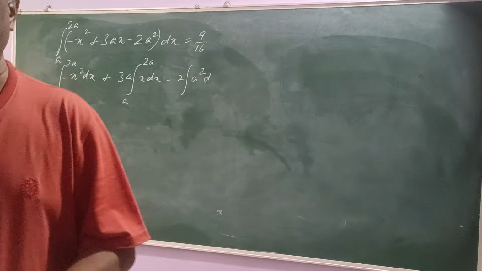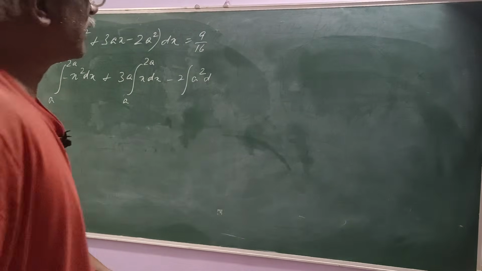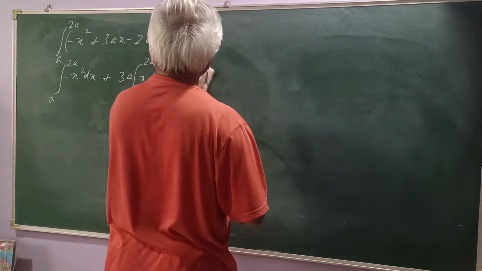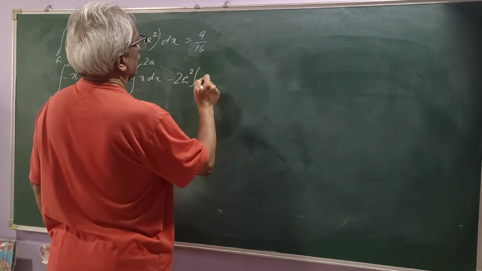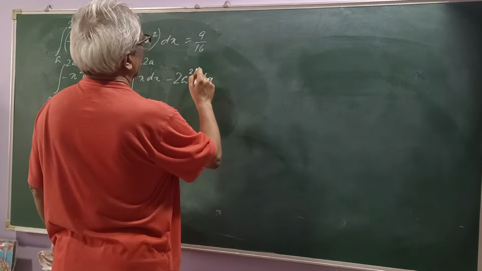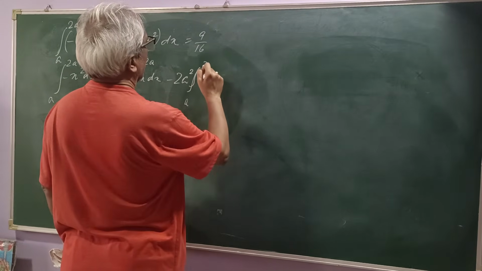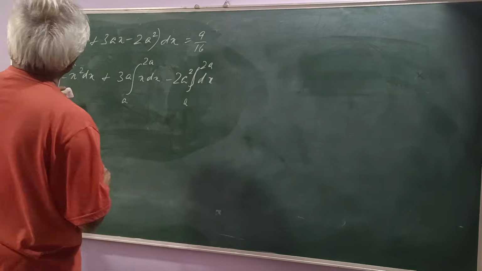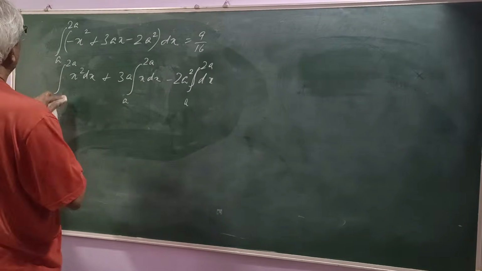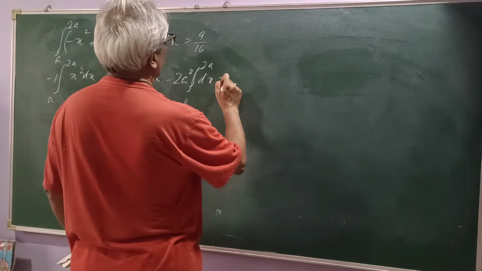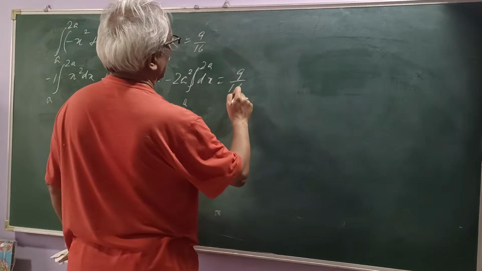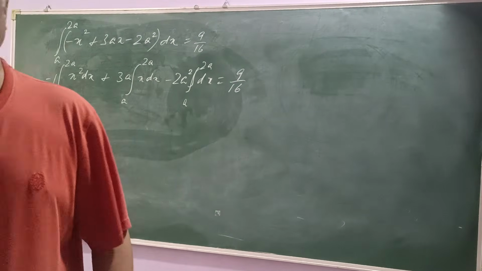Actually, a square is constant, so I can take it outside. And this is equal to 9 over 16.